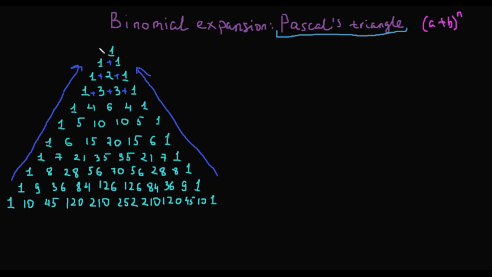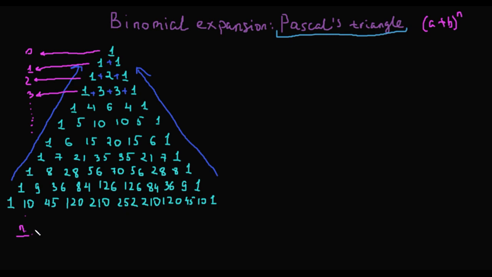The respective first column should be the zeroth column. The next one should be the first column, then the second column, and the third, and 4, 5, and up to the nth column.